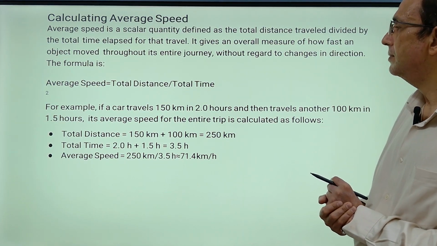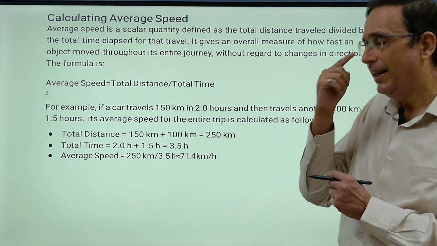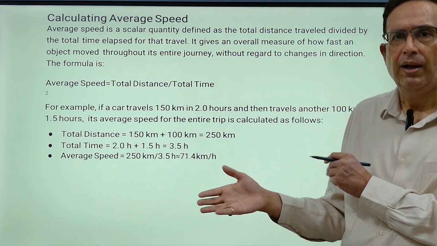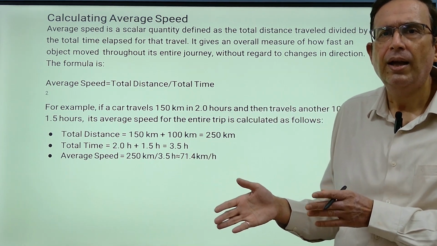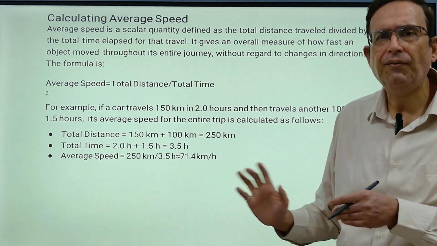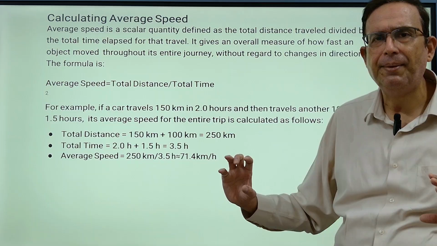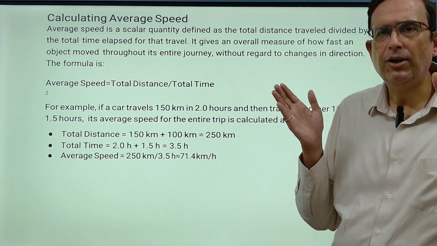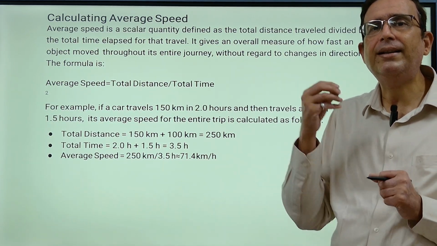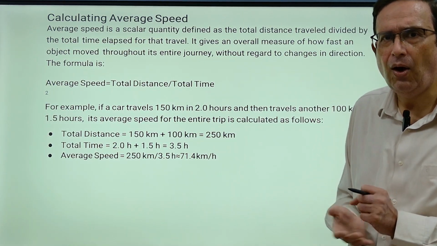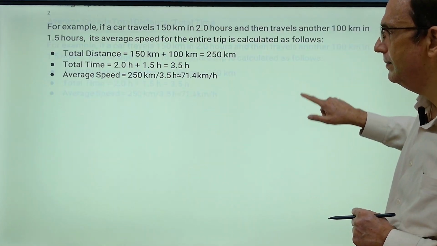In that case, it's the average speed of the two motions. The speed in the first half is different from the speed in the second half, but then we take the total distance it has traveled and divide it by the total time, and we get the average speed over the complete motion. So that is how we calculate the average speed.